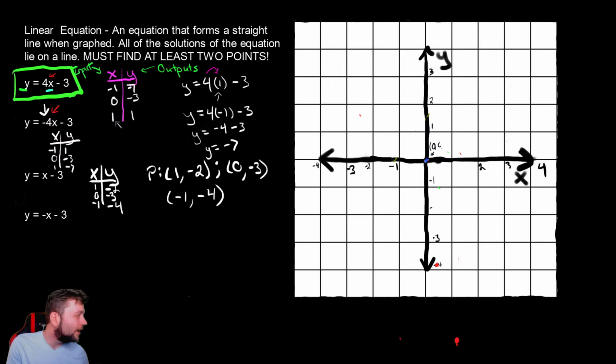And we can go ahead and we will graph these with blue. So all of these points will be blue. And so you go over 1 on your x-axis, and then down 2. And then 0, and then -3. And then -1, -4. And I'll draw my line as straight as I can freehand.